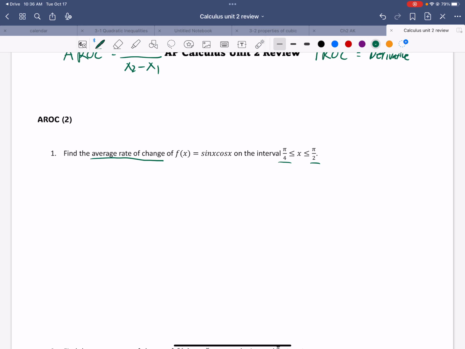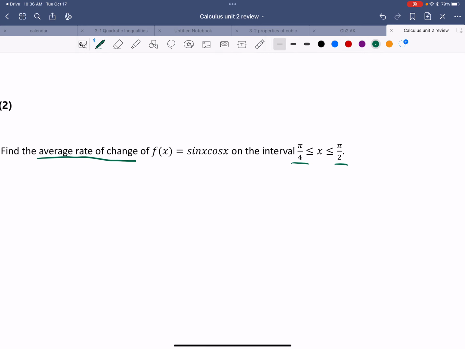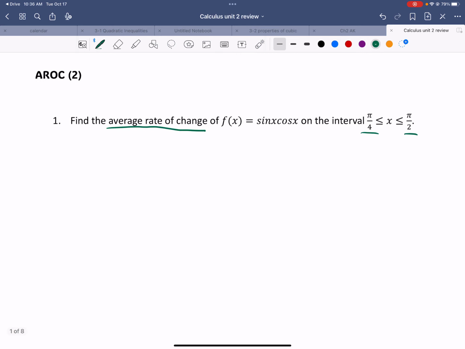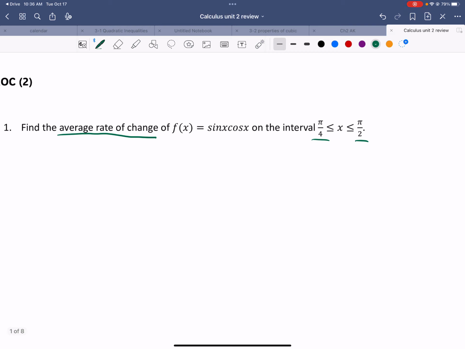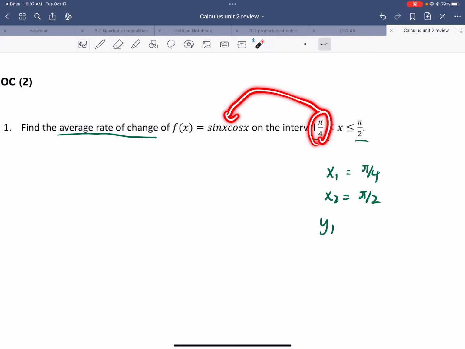And this time I am not going to ask you to give me any specific point. Basically what you have to do is this. What's the y1 going to be? So here, let's write down everything. What's x1? It's going to be pi over 4. What's x2? Pi over 2. What's the y1? Y1 is basically you plug this one in here, because that's the y.